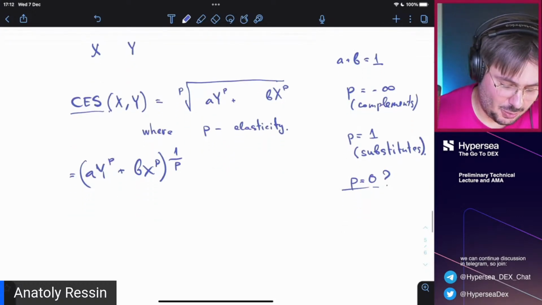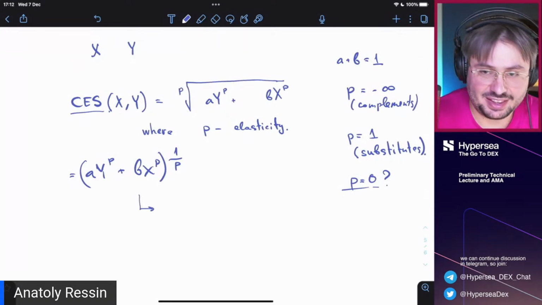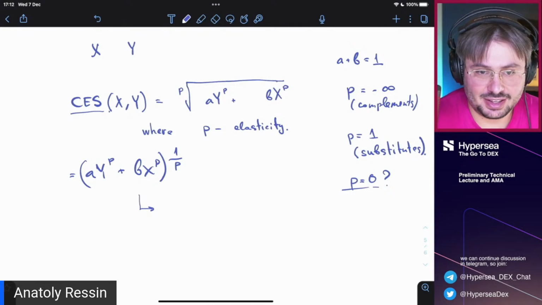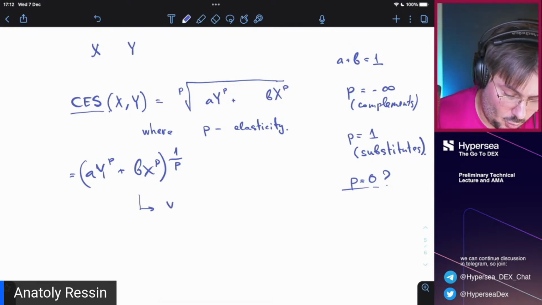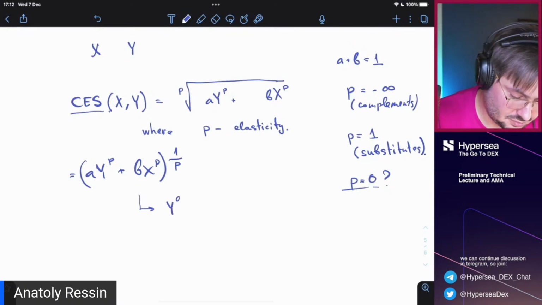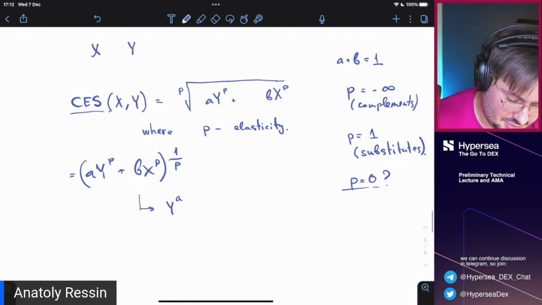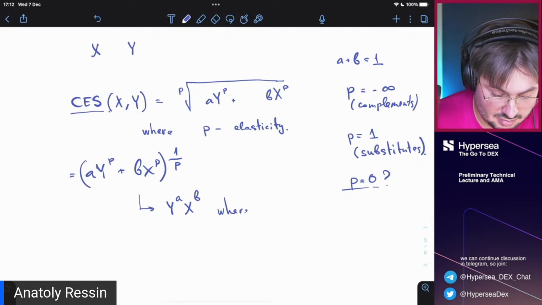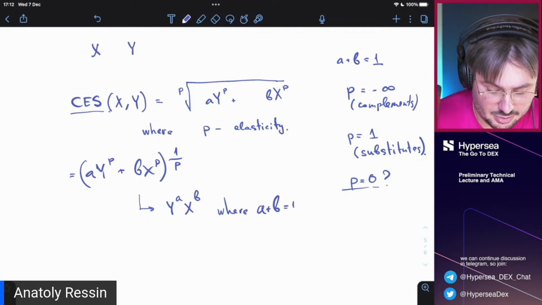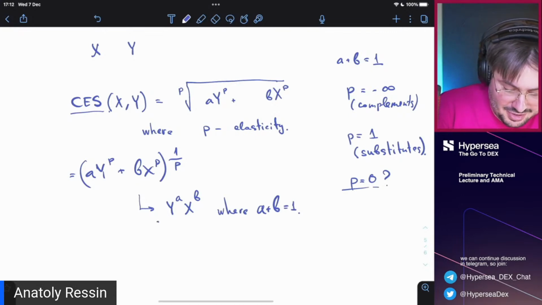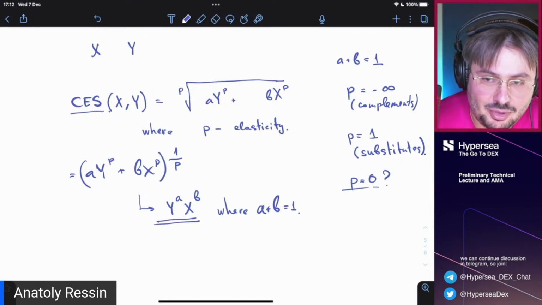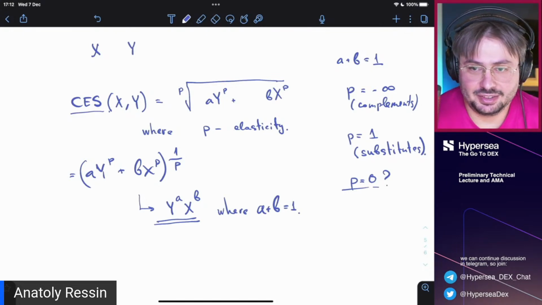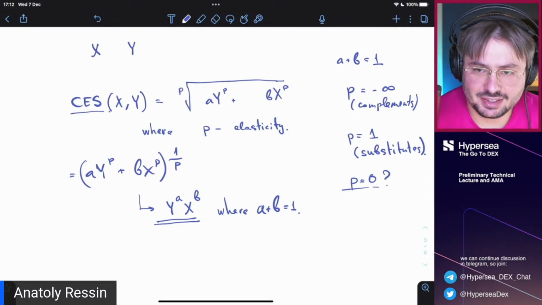But we can show that when P is converging to 0, this formula looks like Y^a times X^b, where still a plus b is equal to 1. And this is a very familiar formula for those who are working in DeFi.